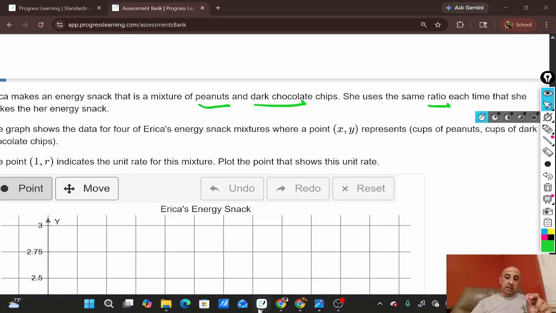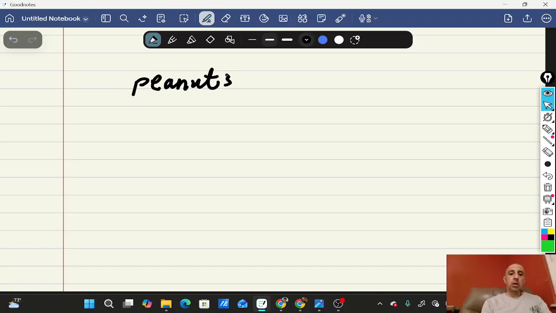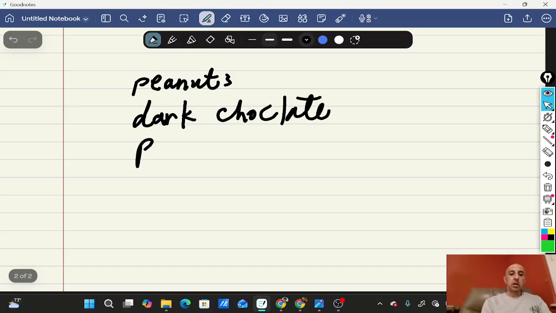To understand the concept behind this question, let's concentrate on the peanuts, dark chocolate, ratio.